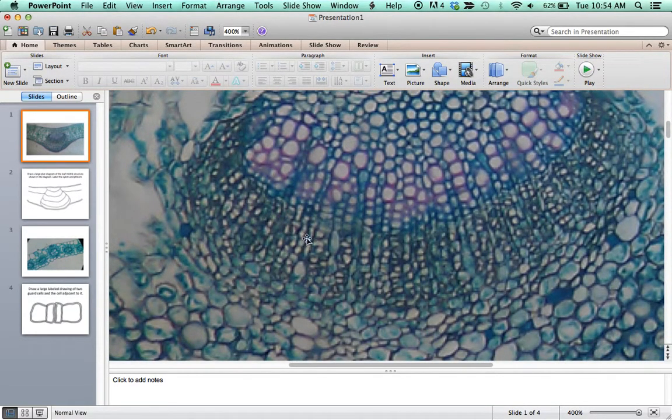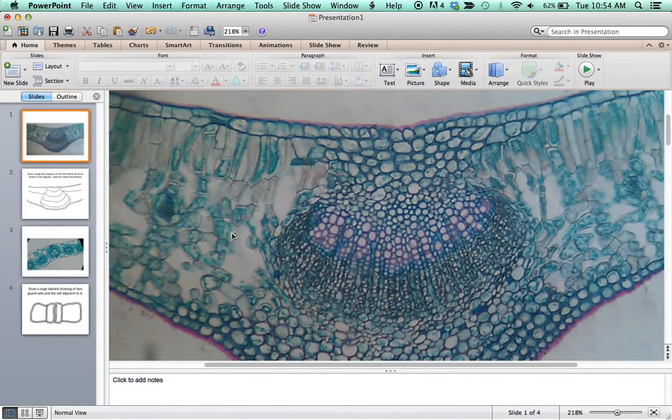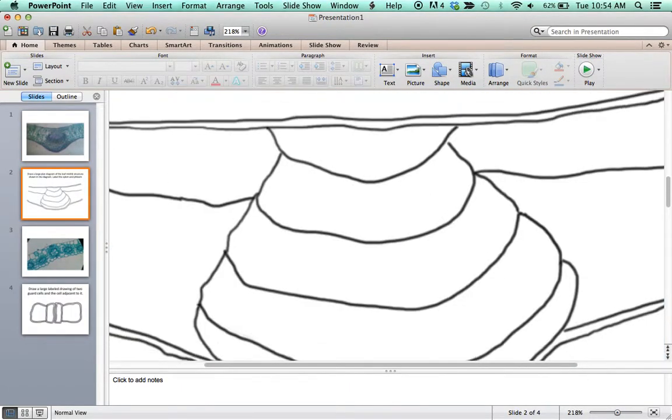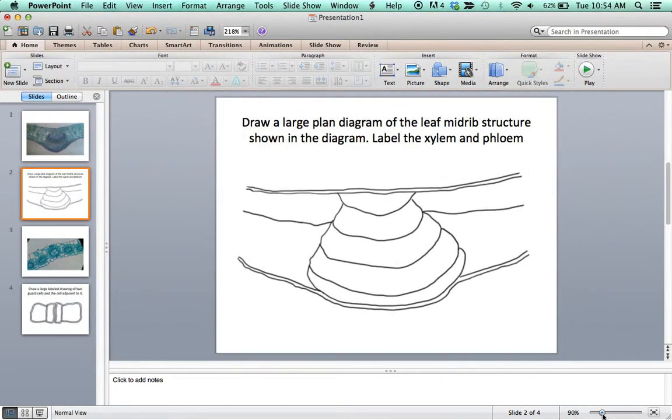This is the phloem layer. So therefore, in your drawing, this is basically how it will look like. This will be your xylem layer, followed by your phloem layer here.